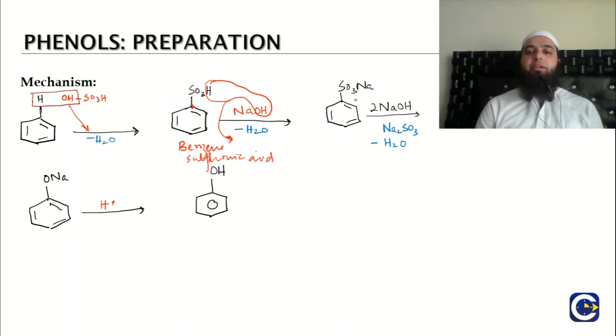In the next step, we treat this salt with 2 units of sodium hydroxide, and we get two substances as byproducts and sodium phenoxide as the product, product A, we can name it. Upon acidification of this phenoxide ion, we get the corresponding phenol.